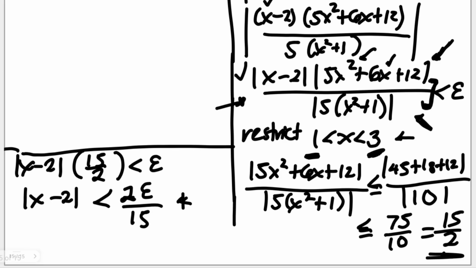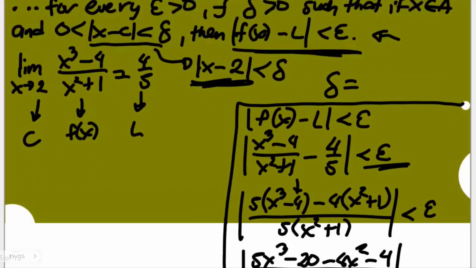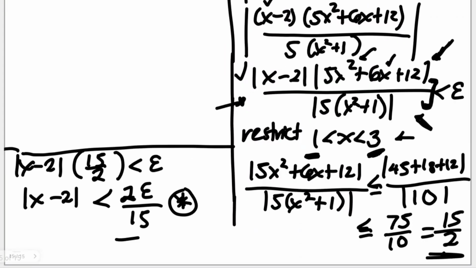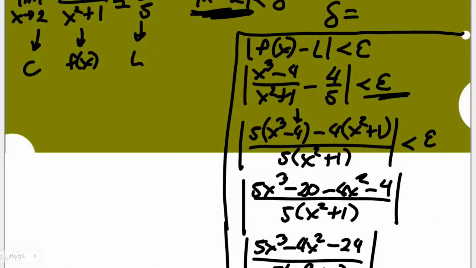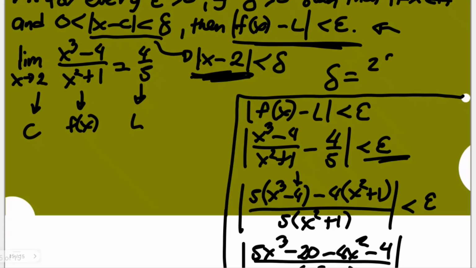This would be the final form of the value which is greater than the absolute value of x minus 2, which is delta. So let delta be twice epsilon over 15.